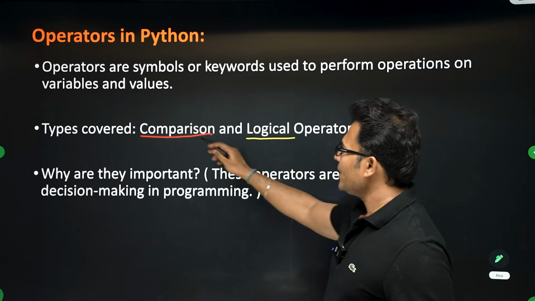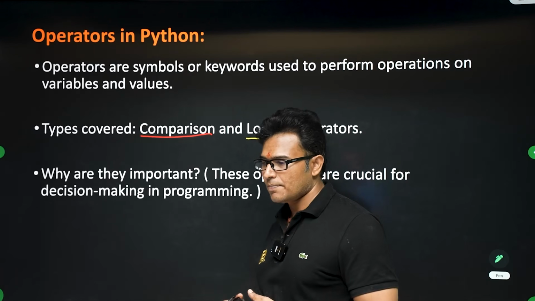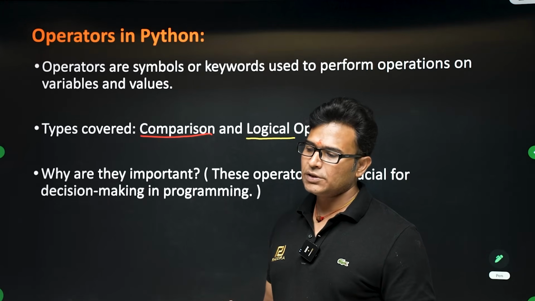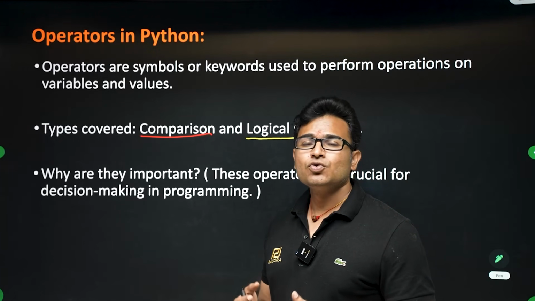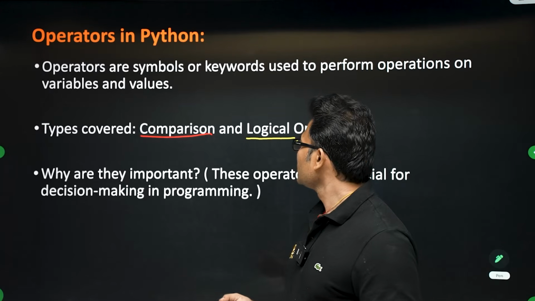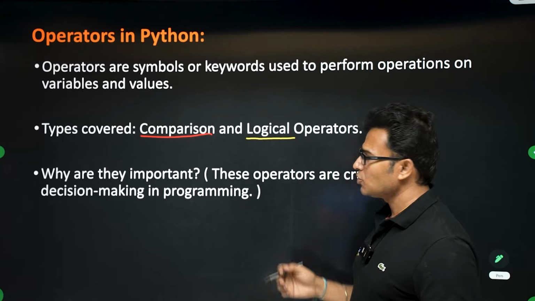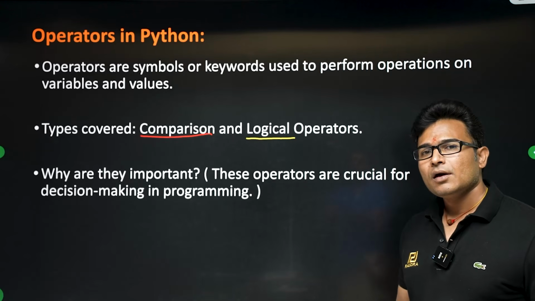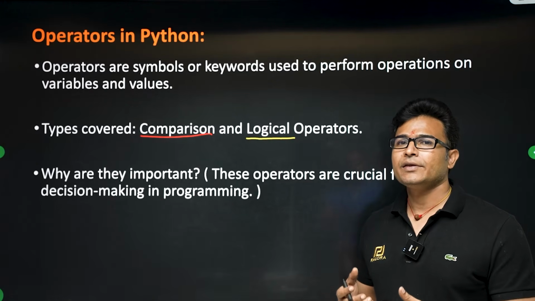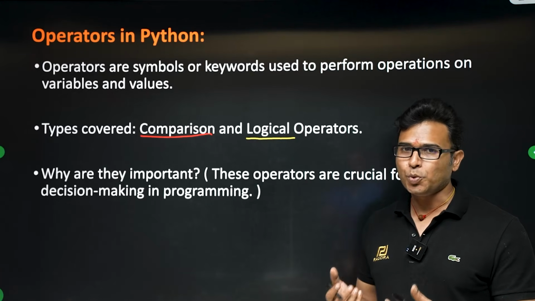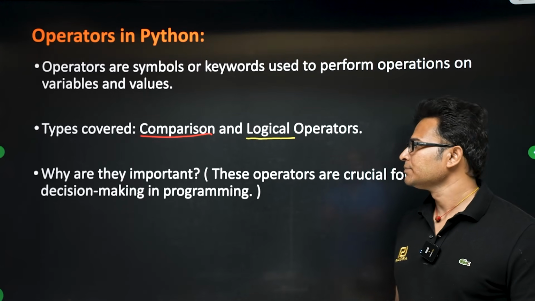Okay, so comparison operators are used to compare two values or two variables or one value and a variable, and it is generally going to give you true or false as the output. And similarly, logical operators work on Boolean variables or Boolean values, and they also give you Boolean output, either true or false.